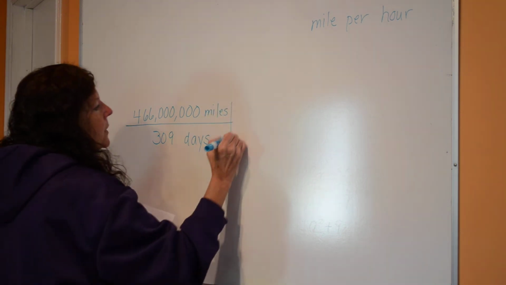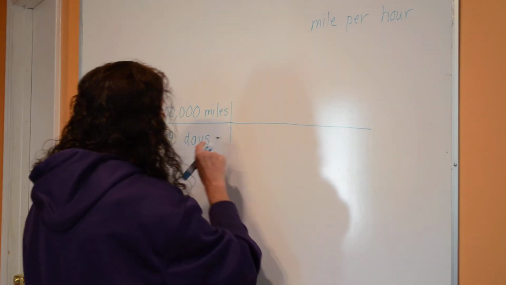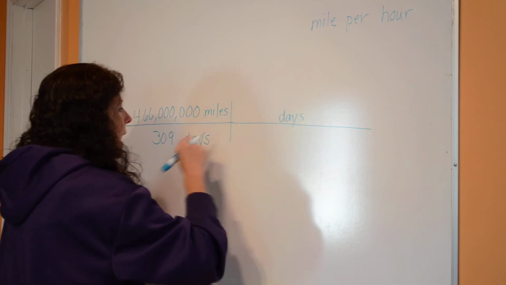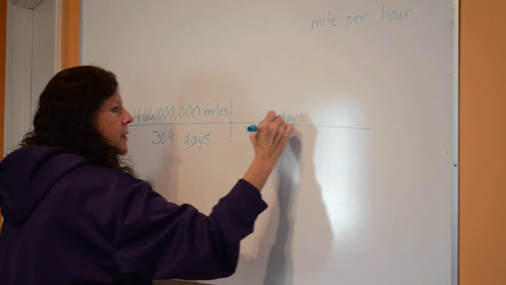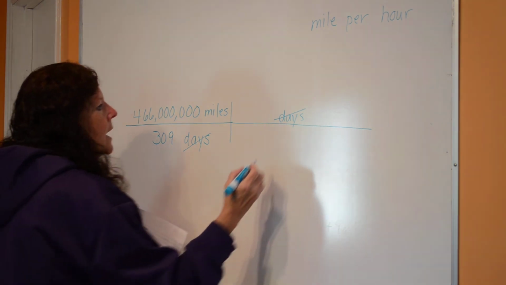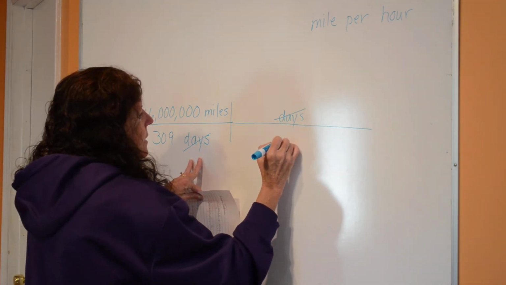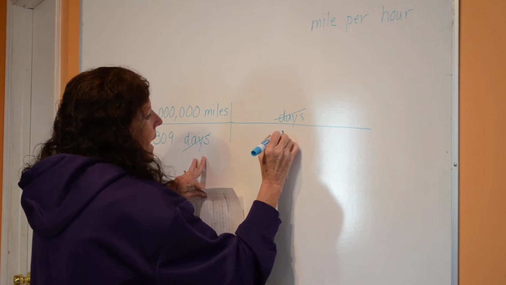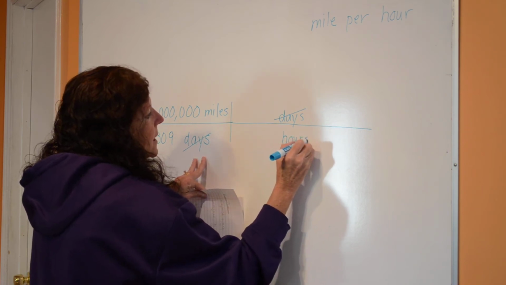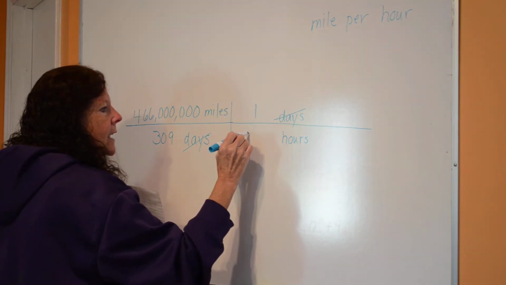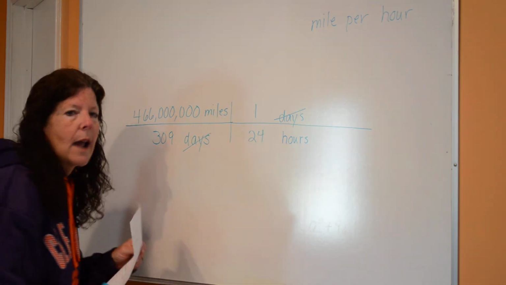So what I'm going to do is I'm going to work on getting rid of my days. So if days are on the bottom, I need days to go on the top so that those two things cancel out. And let's say I want hours on the bottom because that's going to be my final thing to put on the bottom. So 1 day is equivalent to 24 hours.